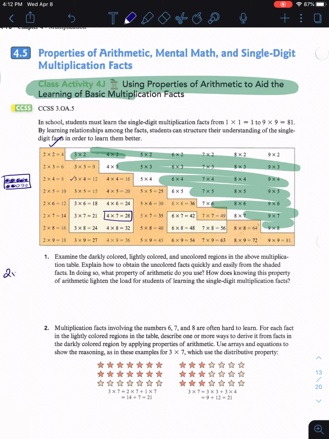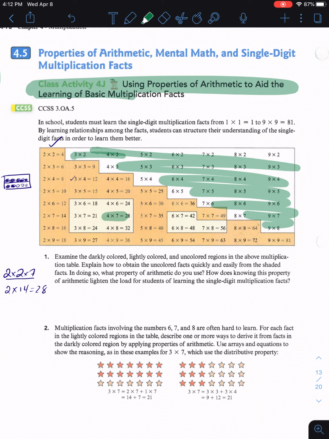I often just say that's 2 times 2 times 7, so 2 times 14, 28. In fact, I don't even usually verbalize this. I just say 4 times 7 is 2 times 14, which is 28. So we don't need to commit that to memory as much as just recall.